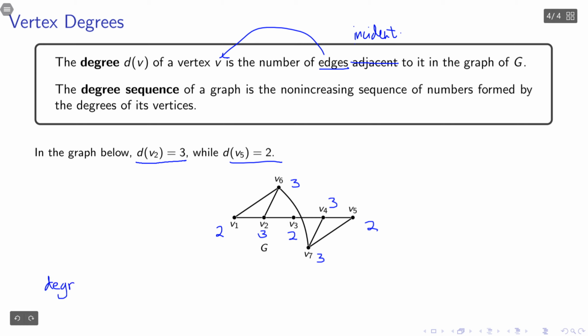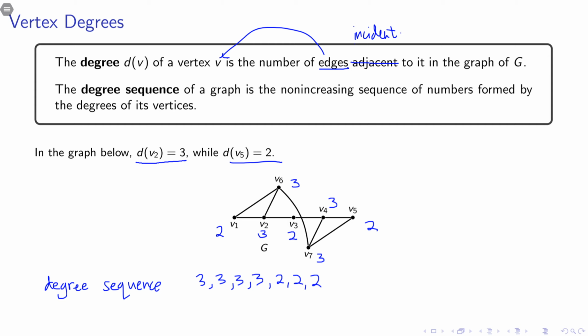Right, so this specific graph will have degree sequence 3, 3, 3, 3, and so there are 4 vertices that have degree 3, and then 3 vertices with degree 2. Right, so its degree sequence is 3, 3, 3, 3, 2, 2, 2.